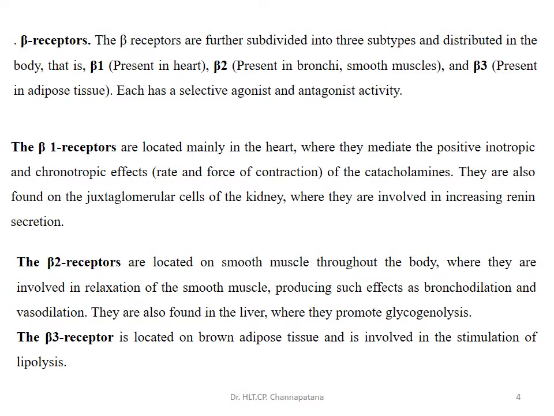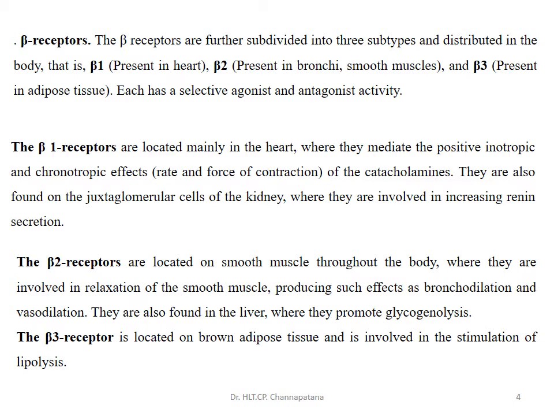Beta adrenoreceptors are further subdivided into three main classes, that is beta 1, beta 2 and beta 3. Beta 1 and beta 2 receptors are most important.